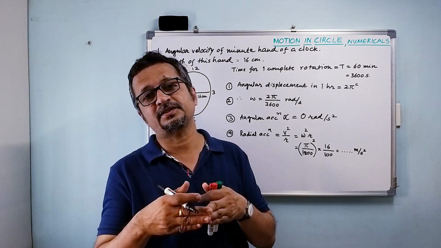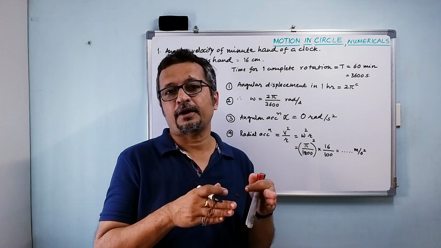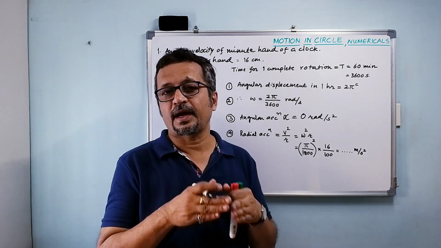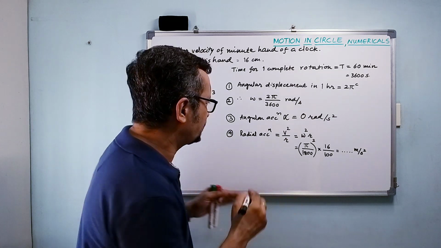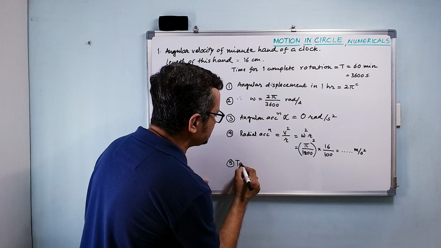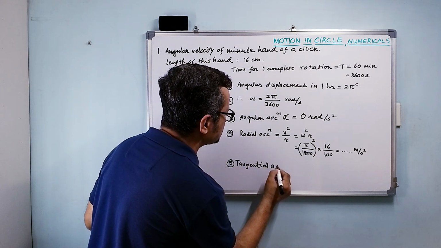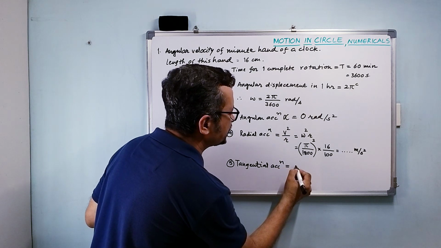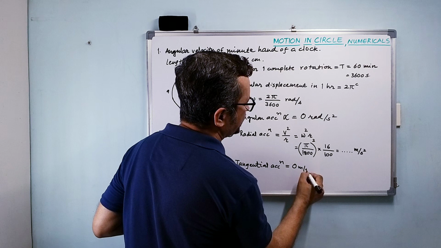Had there been tangential acceleration, then the speed would not have been uniform. The angular velocity would change at every point. So again, let me write here that my tangential acceleration is also equal to 0 meter per second square.